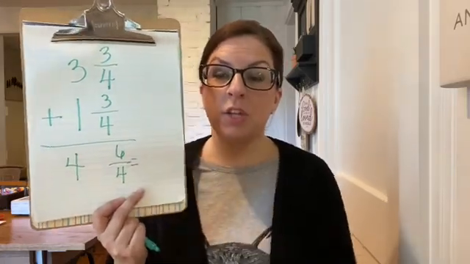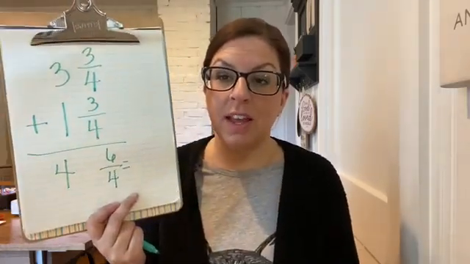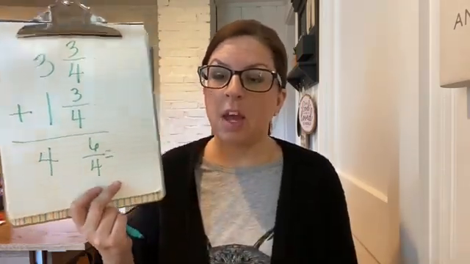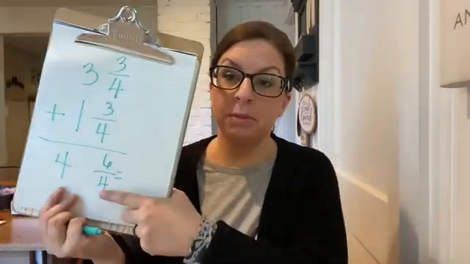So let's see what we can do to the 6/4 in order to make that proper. Okay, well first, it's an improper fraction because there's a larger number on the top than the bottom, right? So we're going to divide the top by the bottom. Okay, so what is 6 divided by 4? How many times does 4 go into 6? 1 time.